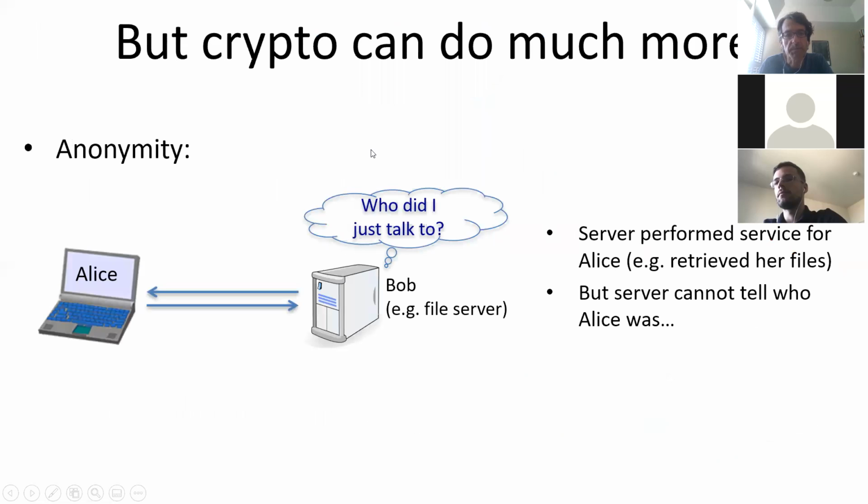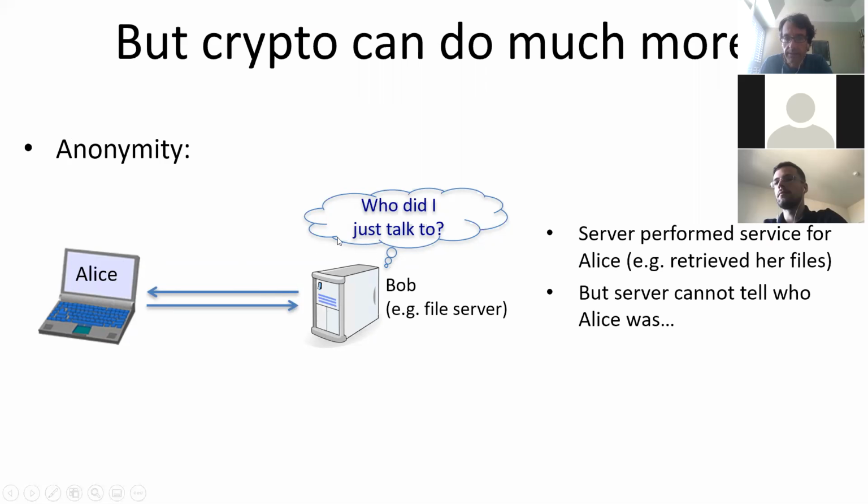Okay, so here is what we would like crypto to give us as well. There is a server and a user. How about a user who communicates with the server but does not authenticate as Alice? So the server does not know who it just talked to.